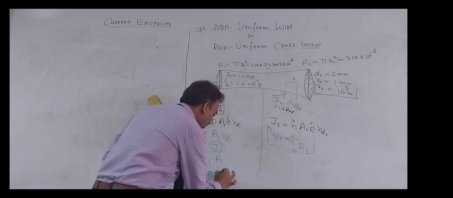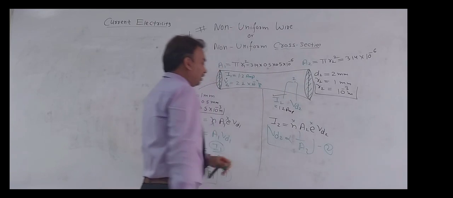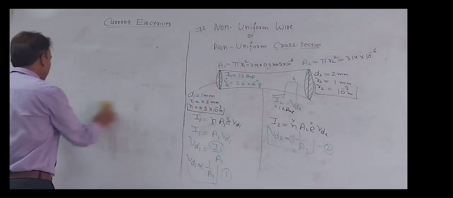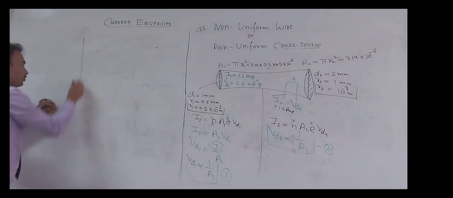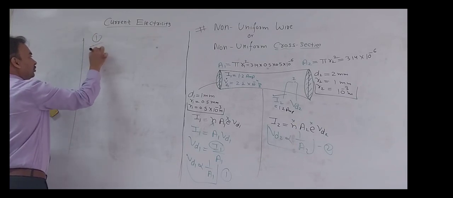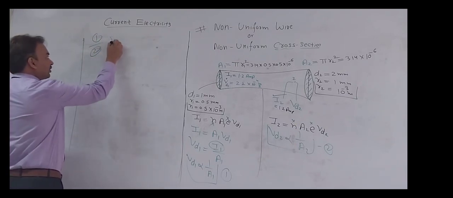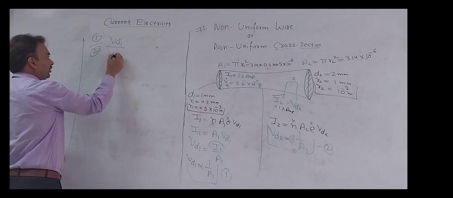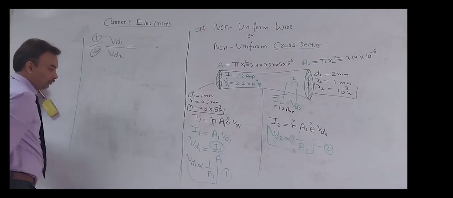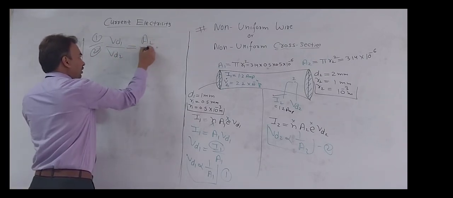This is my equation 1, this is my equation 2. Now divide equation 1 by equation 2. What will I get? VD1 by VD2 will be equal to A2 by A1.